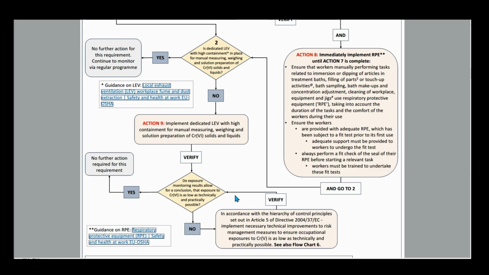This was one example how the flowchart can guide you to ensure compliance with the obligations given in the implementing decisions for each use. Please note to also review the corresponding flowcharts on hierarchy of control principles and feasibility studies.